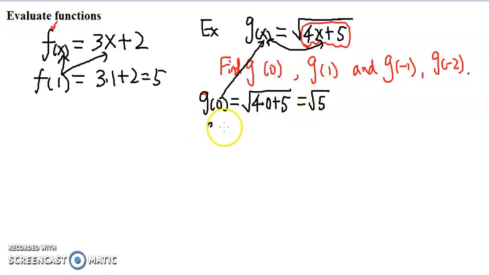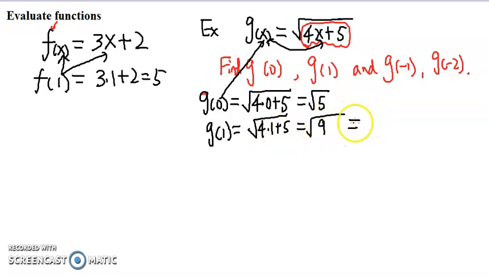Now let's look at the second one, g of 1. This time x is equal to 1. We're going to replace that x with 1 and simplify. 4 times 1 is 4. 4 plus 5 is 9. And this one can be simplified, because 9 is 3 times 3, so the square root of 9 is 3.